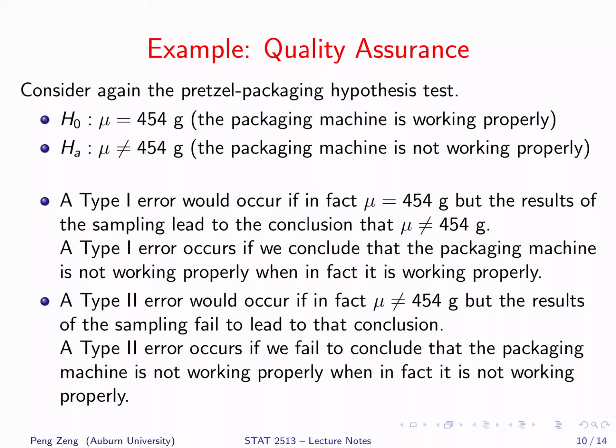In other words, mu equals 454 grams, but we claim that mu is not equal to 454. If the packaging machine is not working properly, but we claim that it is working properly, we make a type 2 error. In this case, mu is not 454, but we claim mu equals 454 by mistake.